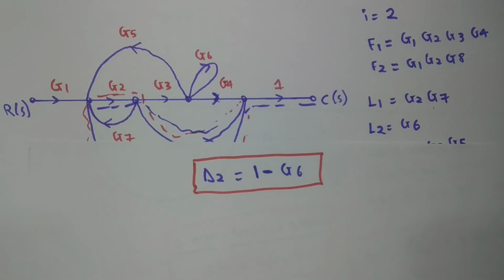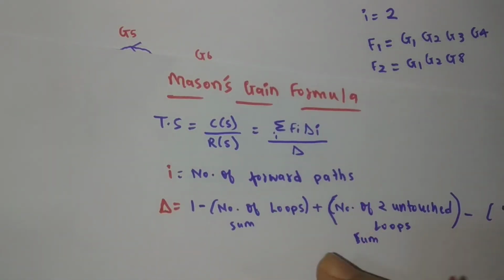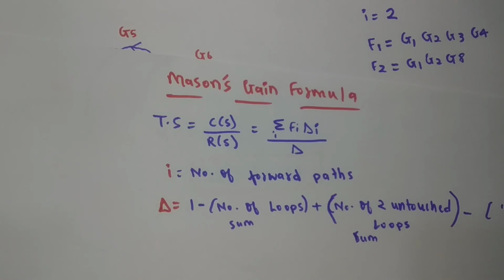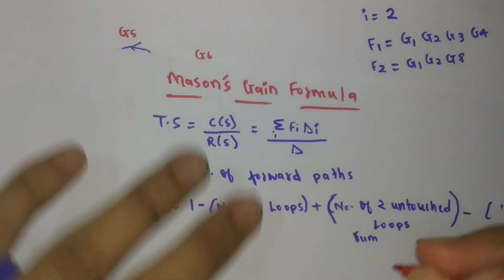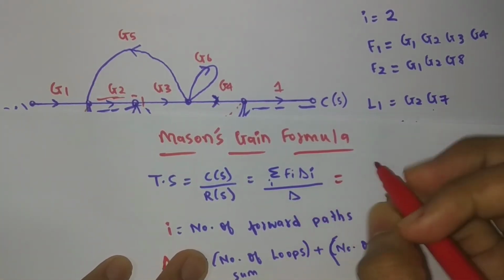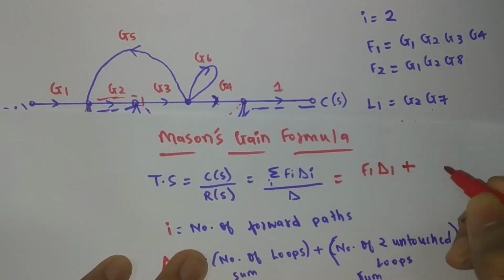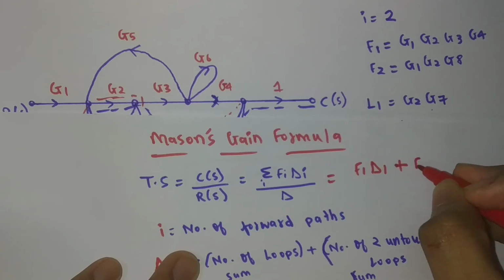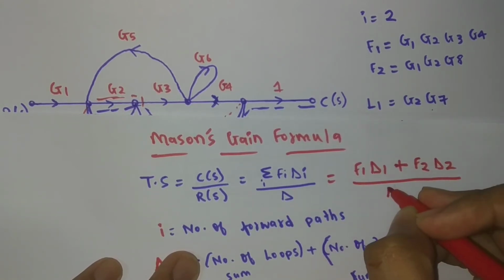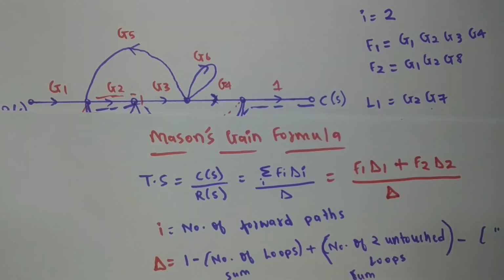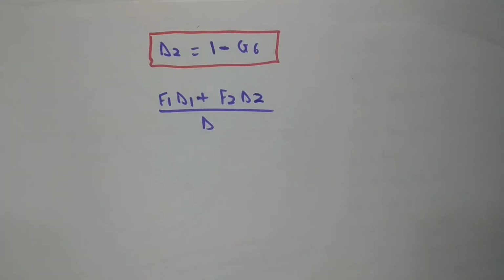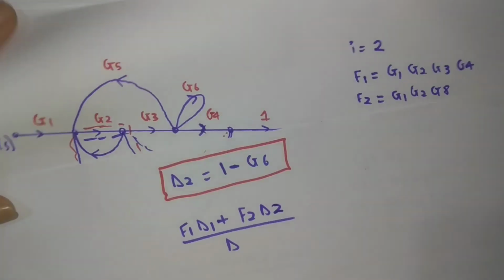If you look back at the formula again, we have found all the values. As I is equal to 1, this formula will be reduced to F1 delta 1 plus F2 delta 2, divided by the main determinant. So here I have written the formula, and now let's substitute the values.